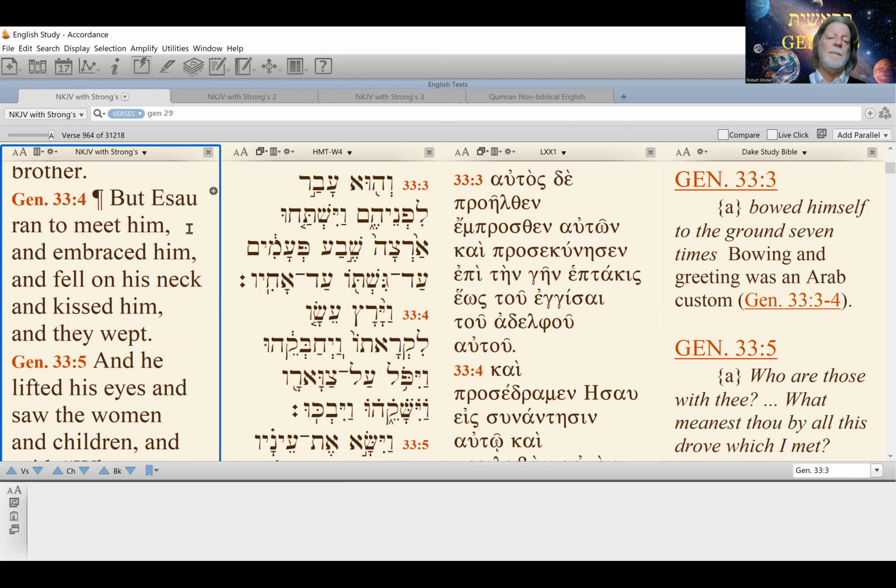So verse 4, but Esau ran to meet him and embraced him and fell on his neck and kissed him, and they wept. Now, I can't explain this because the last time we encountered Esau, he was vowing to kill his brother. Now, he kind of mitigated that by saying, I'm going to wait till my dad dies, because my dad would be upset if I killed Yaakov.